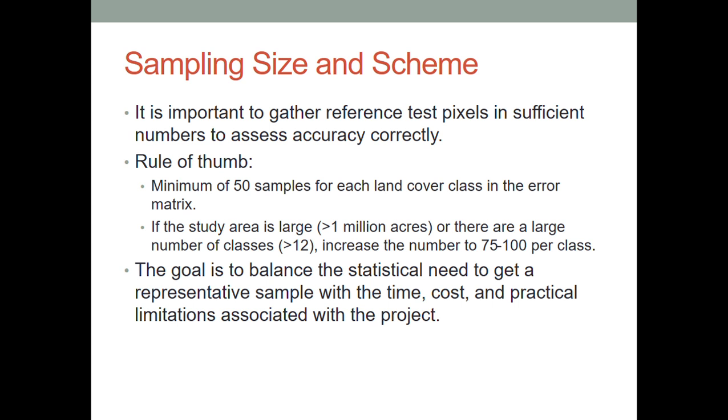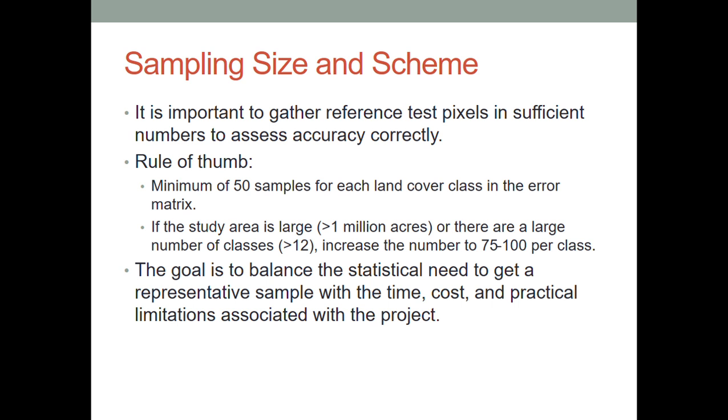So what is the rule of thumb for the number of samples? A minimum of 50 samples for each land cover class in the error matrix. For every class, cover 50 samples. Or if the study area is larger than 1 million acres, or has a large number of classes, you might have to increase to 75 to 100 samples for each class.